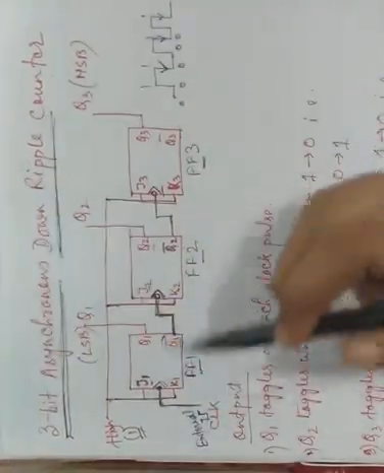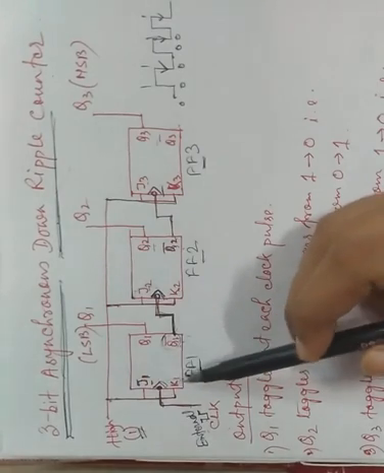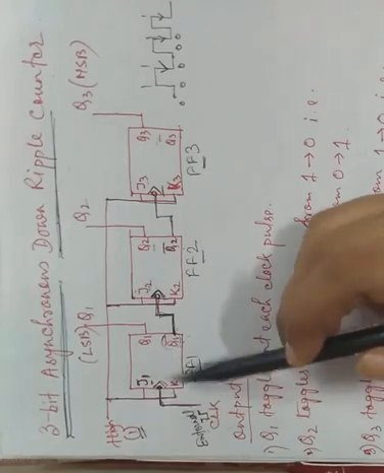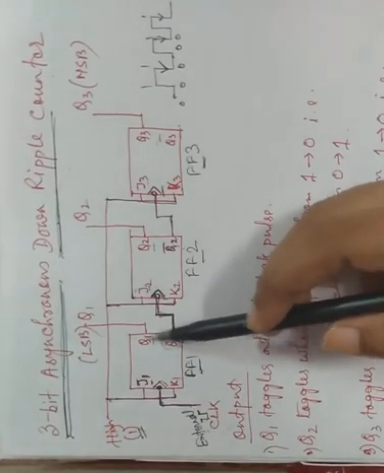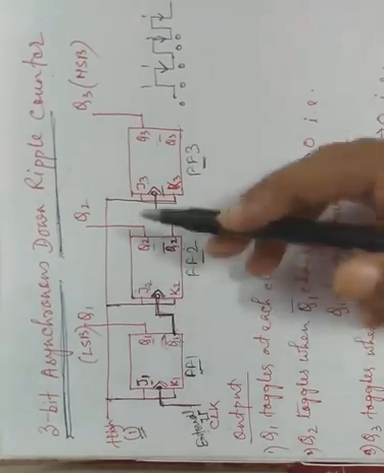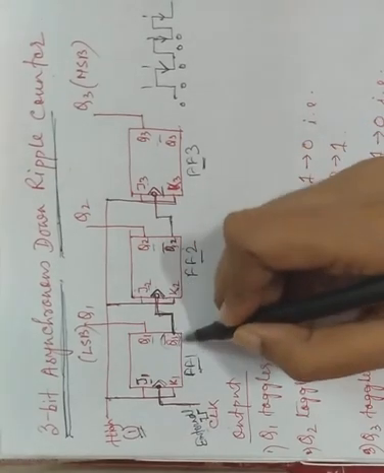Why do we give value 1 to J and K simultaneously? Because whenever J1 and K1 get the same value, then only Q1 toggles. Q1 toggles means it changes from 0 to 1 or 1 to 0.